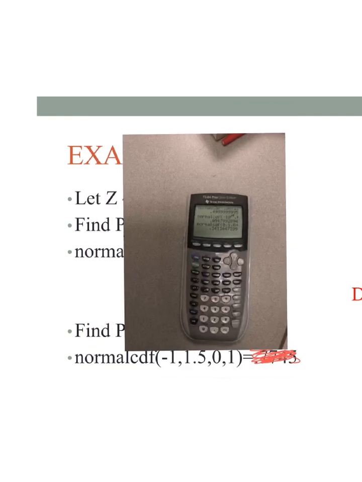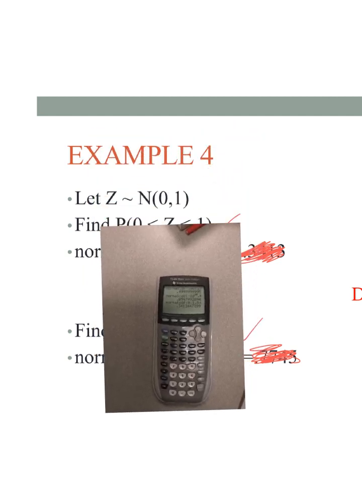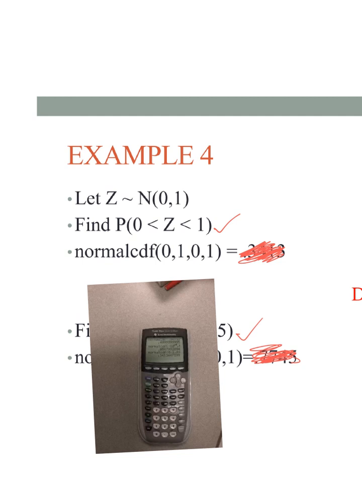We have special value for the mean, special value for the standard deviation. For question 1, we want to find the value for Z between 0 and 1. So for my lower is 0, for my upper is 1. So I press enter. It gives me 0.34. Okay. So I get 0.34.